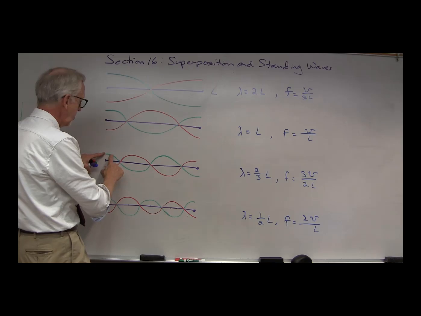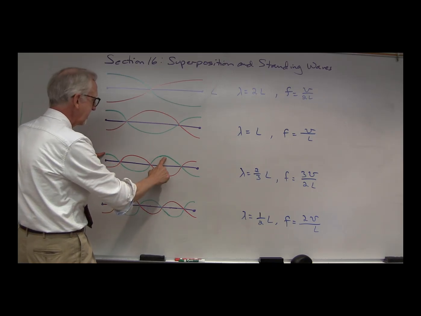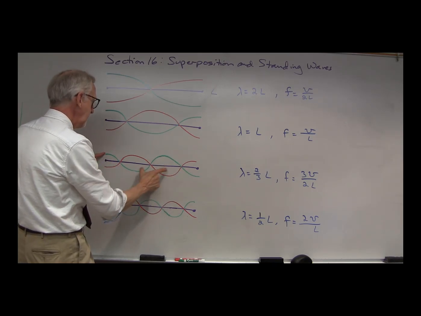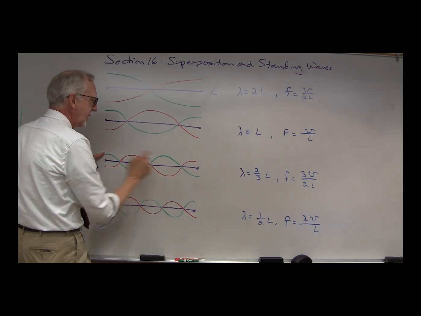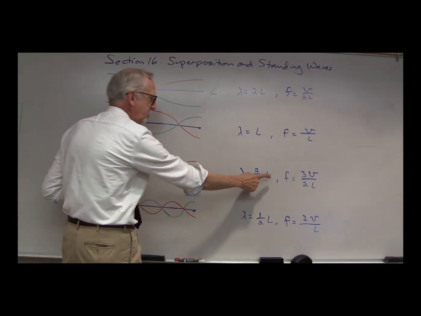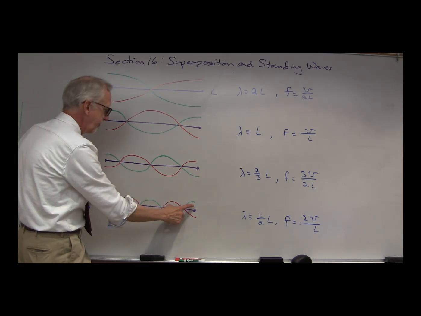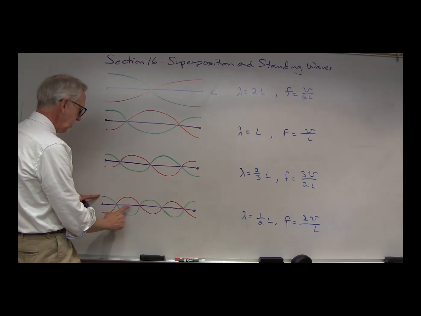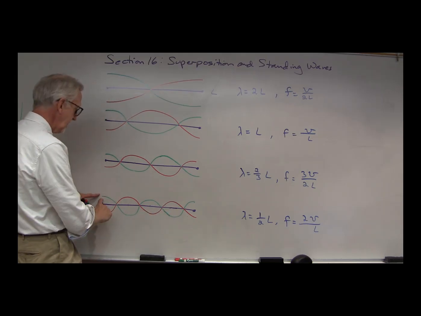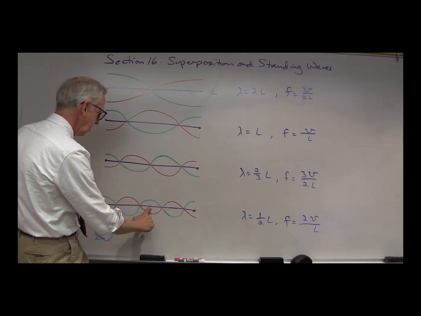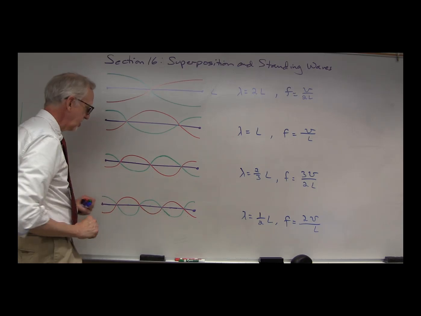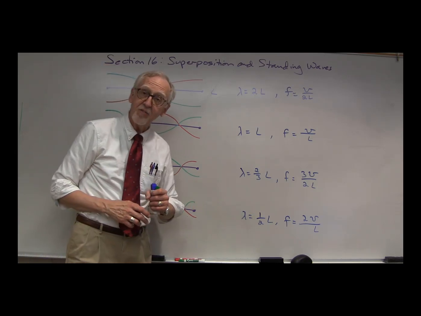So in this case, from maximum to maximum, the wavelength would be 2/3 the length of the chain, so lambda is 2/3 L. And then we've got 5 antinodes, 4 nodes, and the wavelength is exactly half the length of the chain, so lambda is 1/2 L.